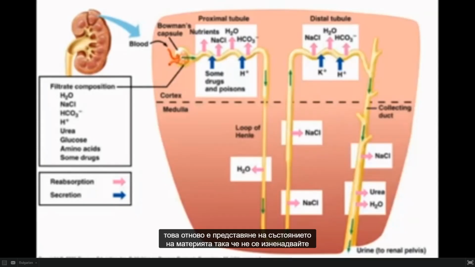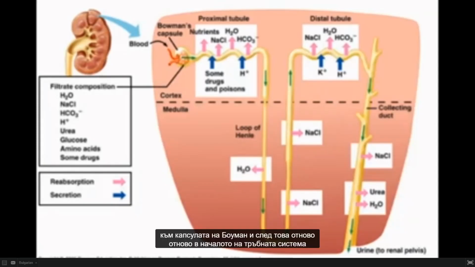So you are not surprised that different elements are secreted or absorbed in different parts of the tubular system. From the beginning, filtering starts of the water, sodium, chloride, bicarbonates, hydrogen, urea, glucose, amino acids, and some drugs from the blood flow to the Bowman capsule.